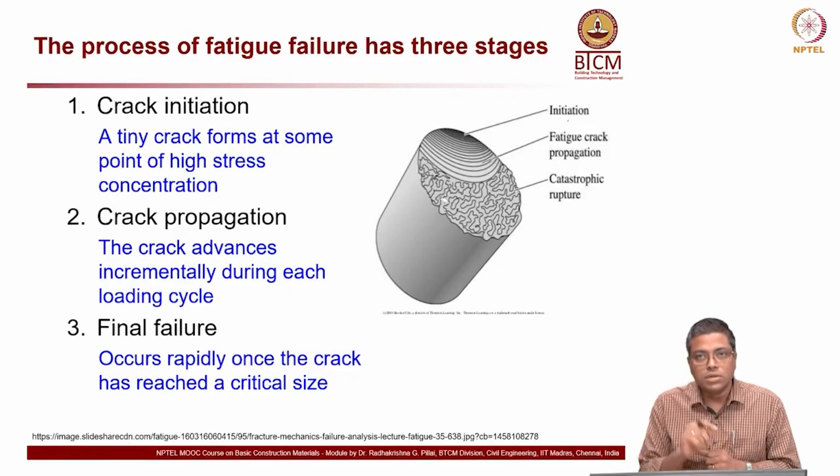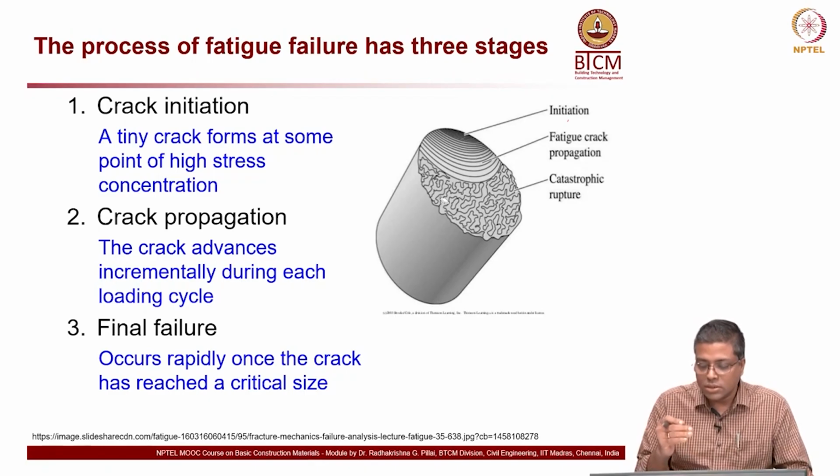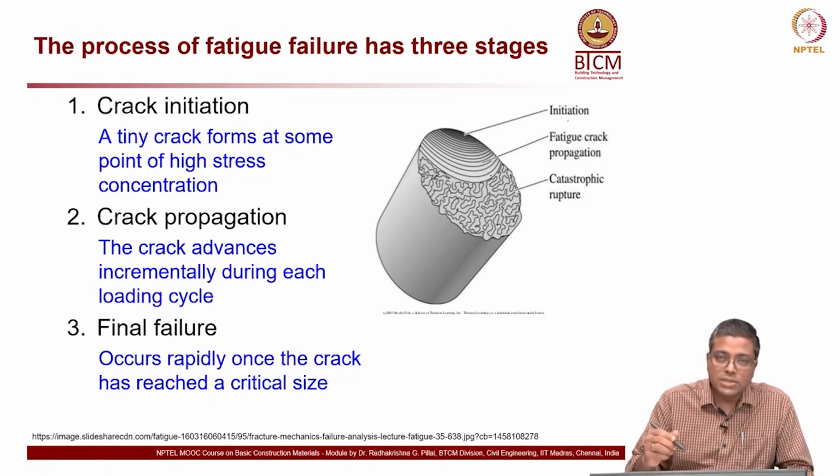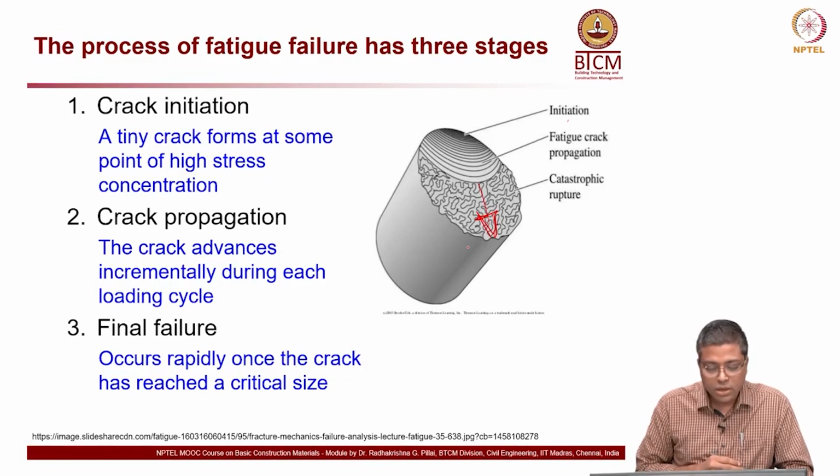Here it is demonstrated with very easy to see lines, but there could be millions of cycles or millions of those crack propagation steps. And then once it reaches some threshold level, the remaining material fails all of a sudden, very quickly.